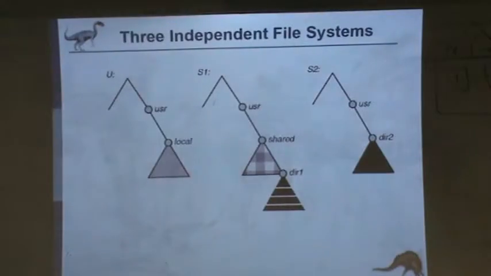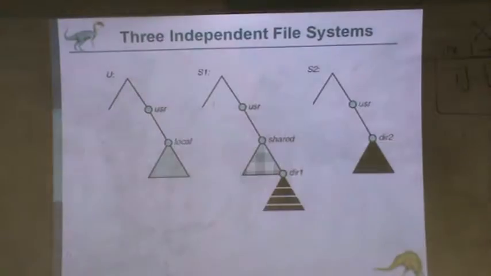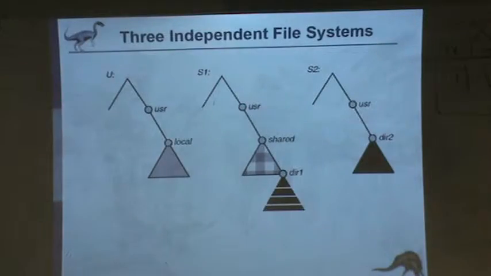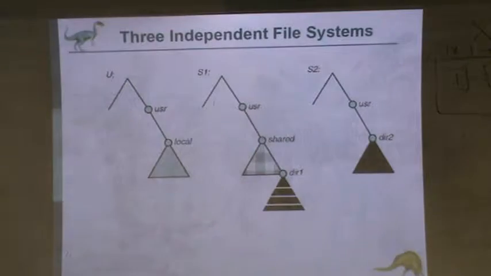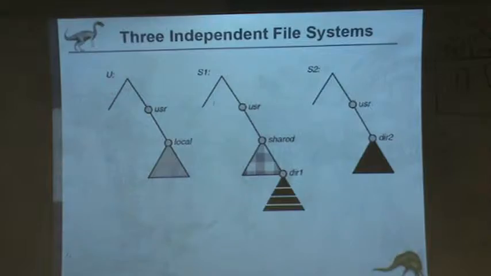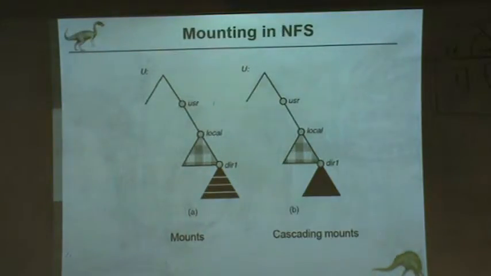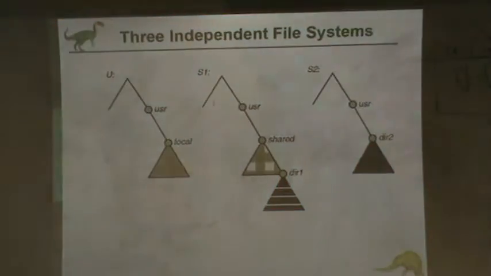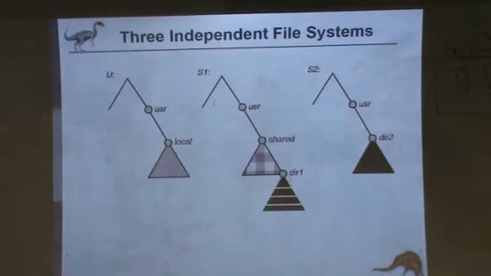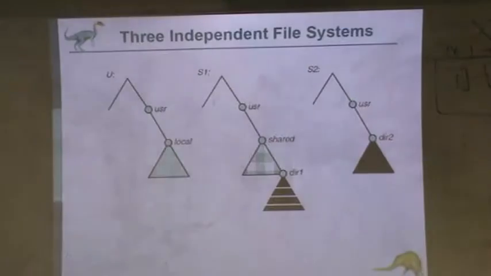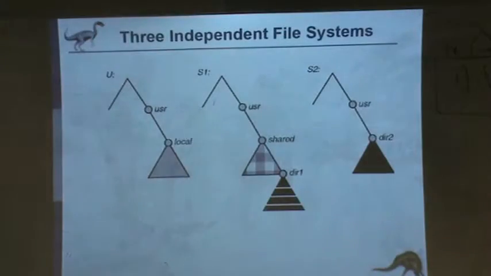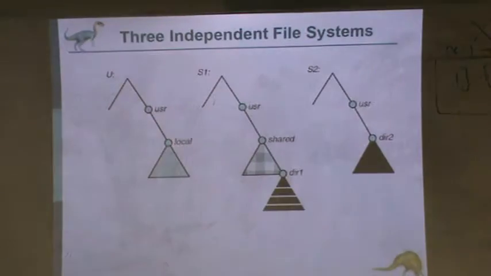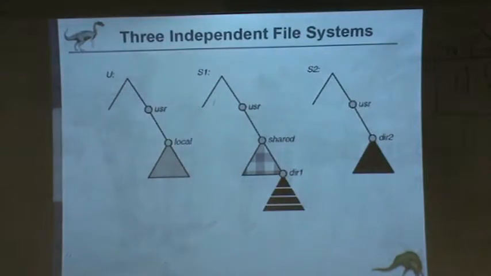Let's say that we have three file systems. Server U, and another server named S1, and another server named S2. If you mount S1's /usr/shared onto U's /usr/local, this part replaces the local.